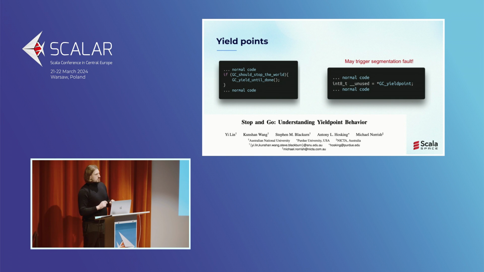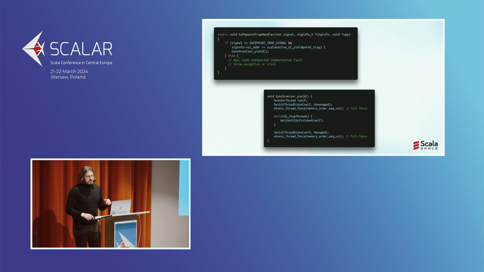This GC yield point, or rather it should be called GC yield point trap, is an address to some location in a dedicated page of memory to which you can control the access. So we can, for example, revoke access to writing or reading from these locations. And if you would try to do it, the system would trigger the controlled segmentation fault, and then we can just use our own signal handler to then work on it accordingly.